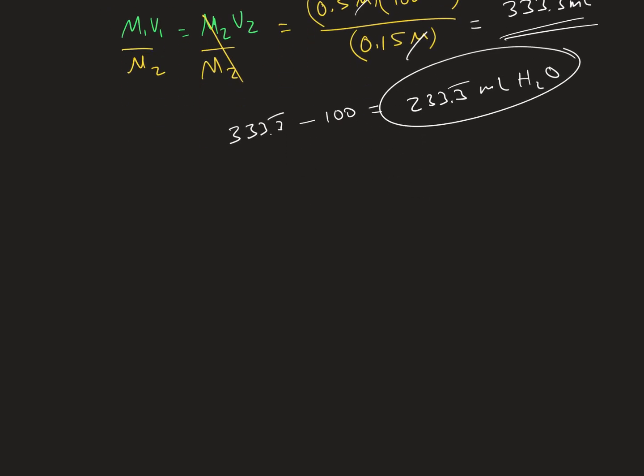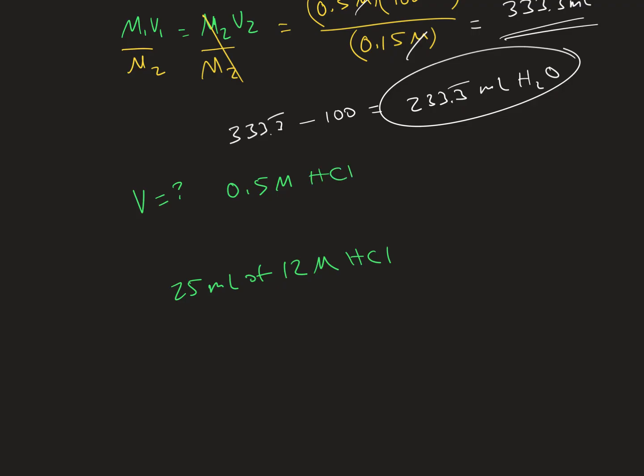It says how many milliliters, so we're looking for a volume, right? How many milliliters of a 0.5 molar concentration can be made by adding water to 25 milliliters of a 12 molar solution of hydrochloric acid.